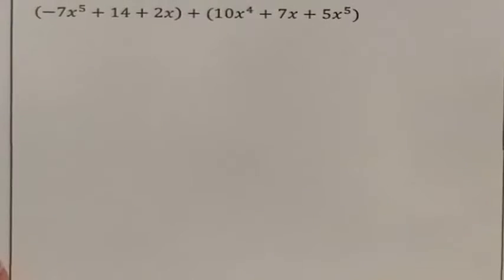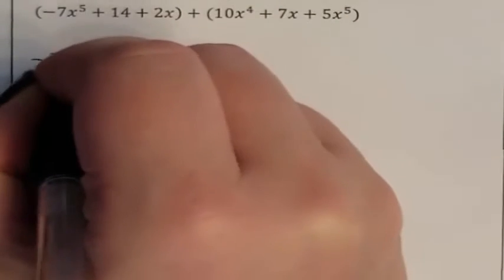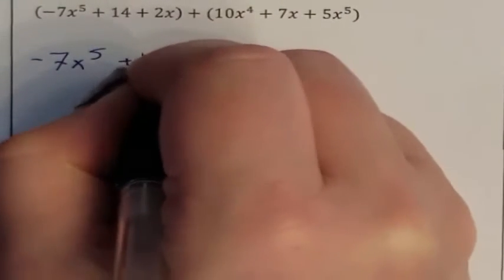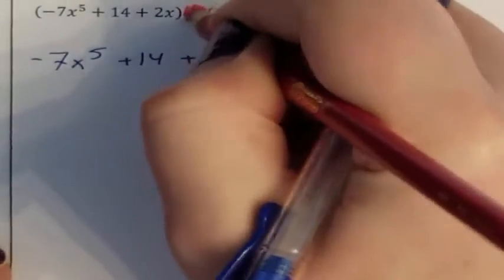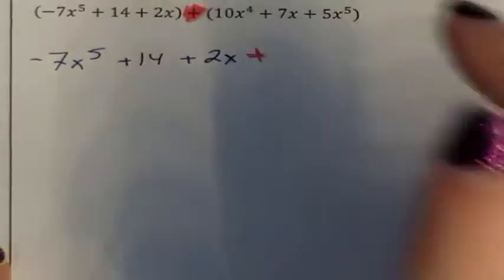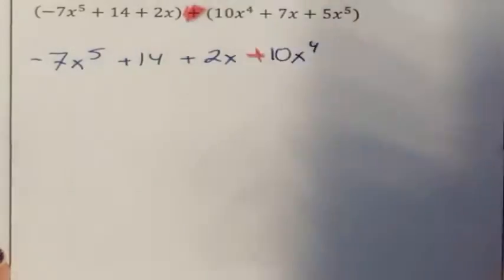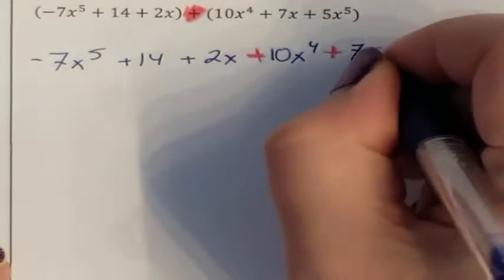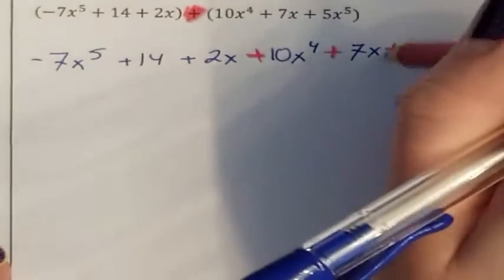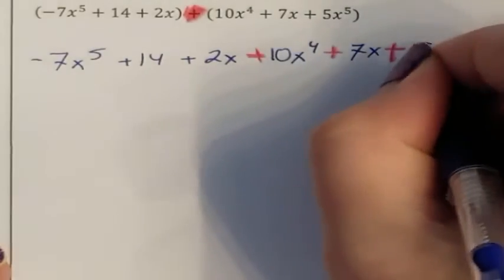Let's go ahead and solve this problem horizontally. You start off with everything that was in the first parenthesis, and now I'm told that I have to add everything that comes in the second parenthesis. So I'm adding the 10x to the fourth, I am adding the 7x, and I am adding that 5x to the fifth.